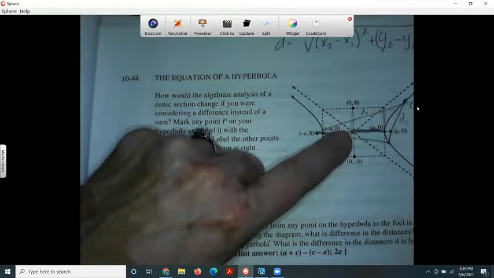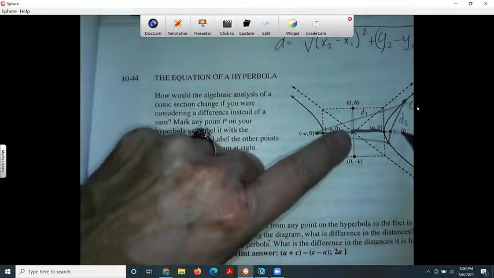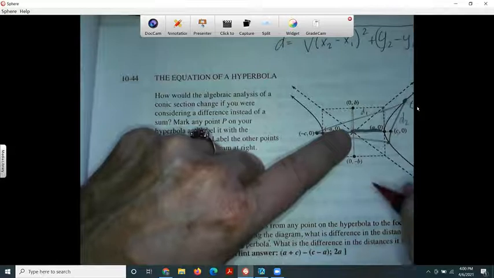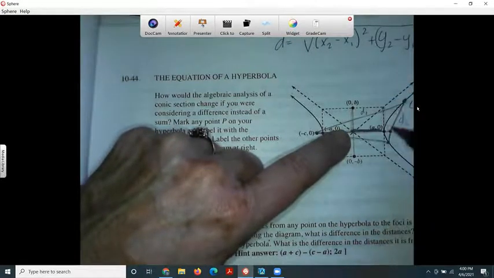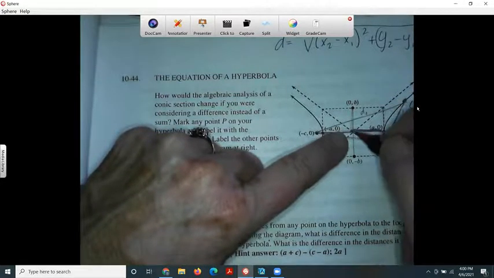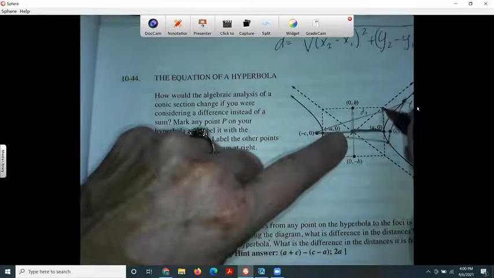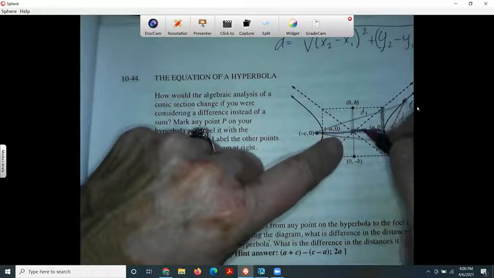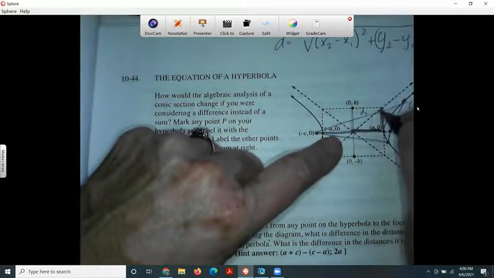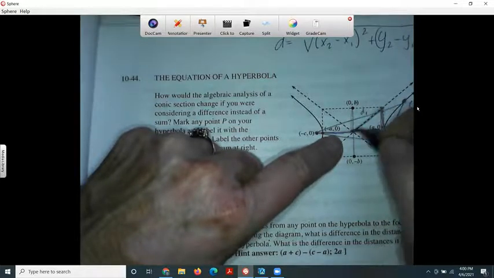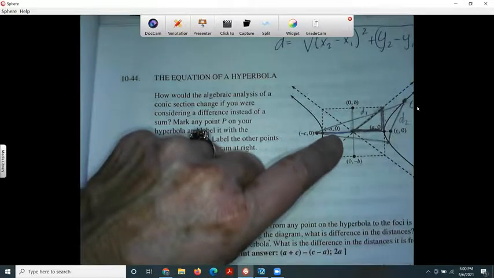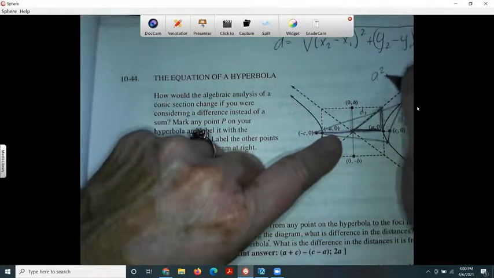So this is A and this is B, and this ends up being C. So A squared plus B squared equals C squared. I think I have a nicer picture of that in my lecture video that explains it better, because I don't think I did a good job explaining why this would be C right here.